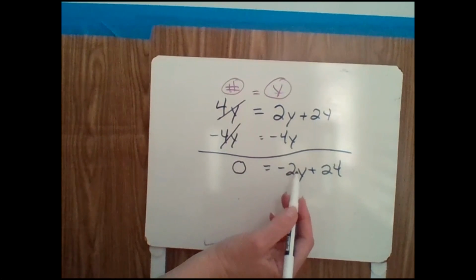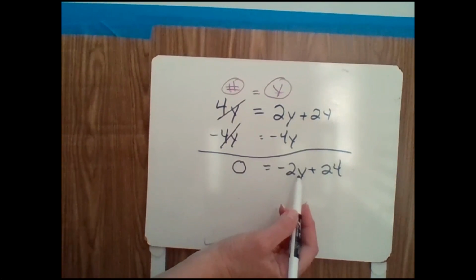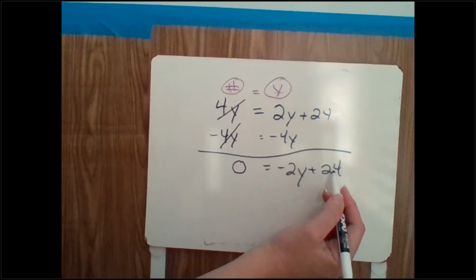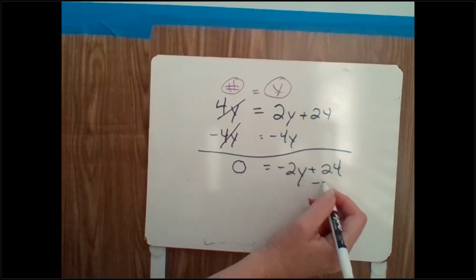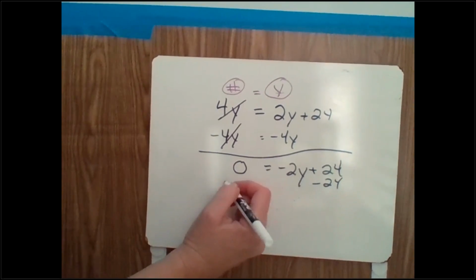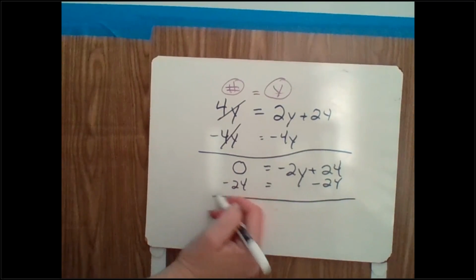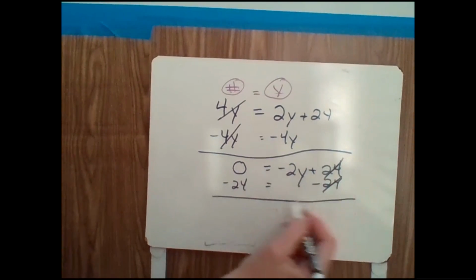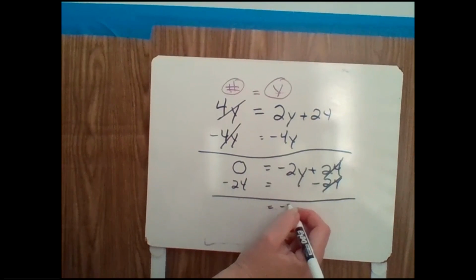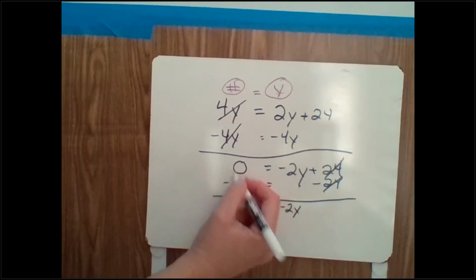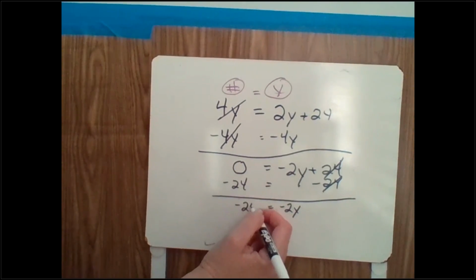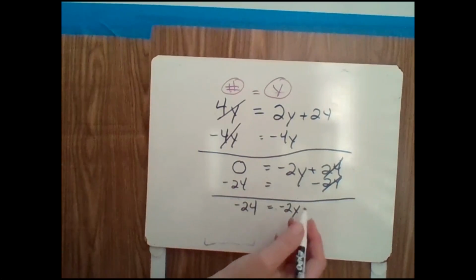Okay, so now let me see. I've got all my y's right there. I need to get my numbers to the left side. So plus 24, the opposite is minus 24. Did the same thing on both sides. That's going to cancel. Still have my negative 2y. 0 minus 24 is going to be a negative 24.